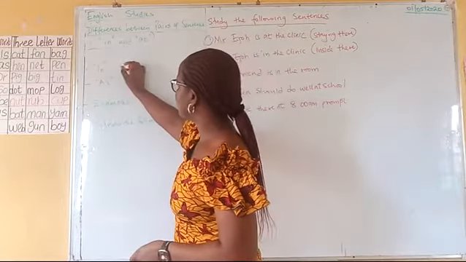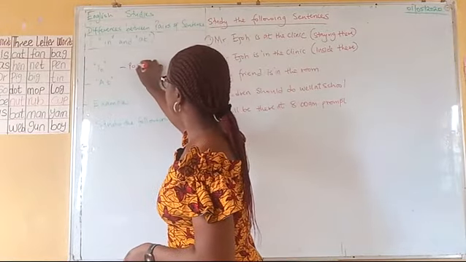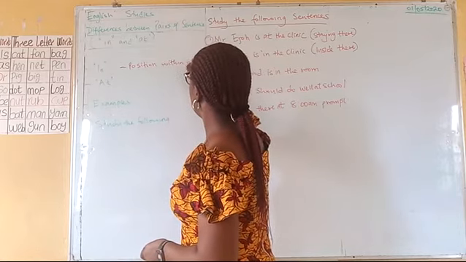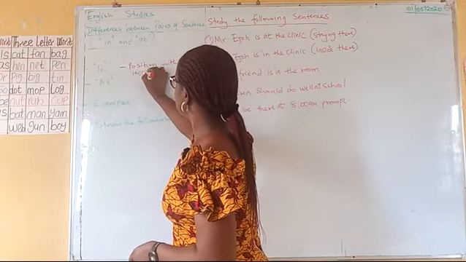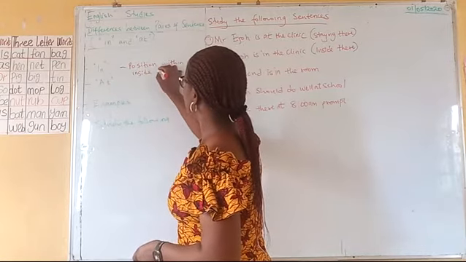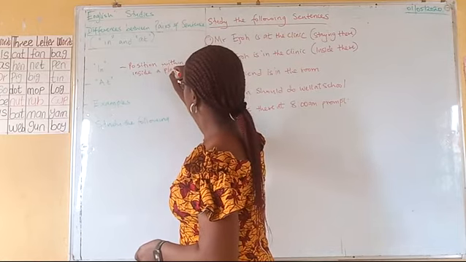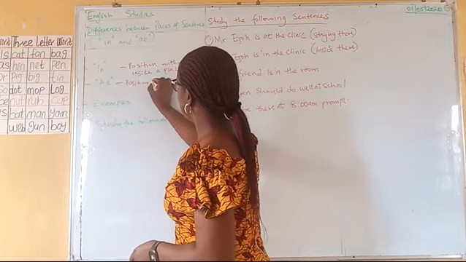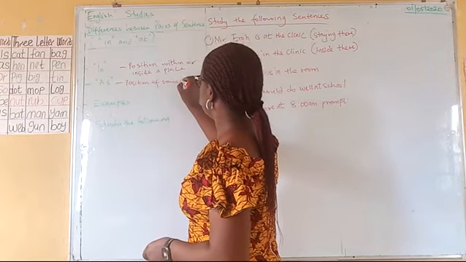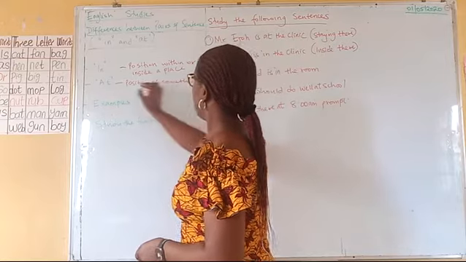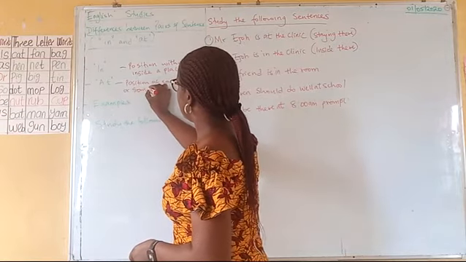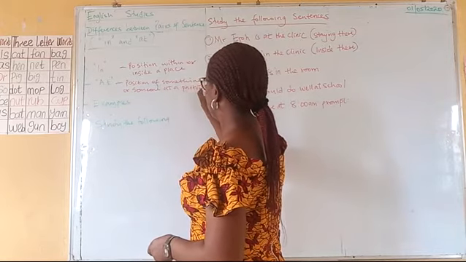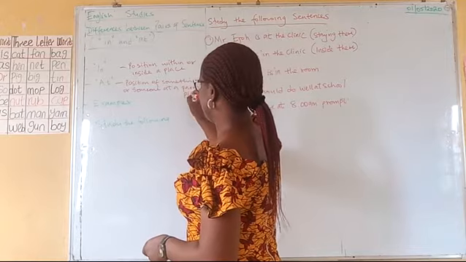So I said in is expressing what? The position within or inside. Inside a place. And here we have the position of something or someone at a particular place.